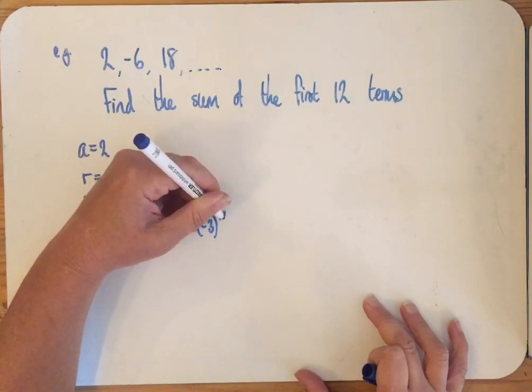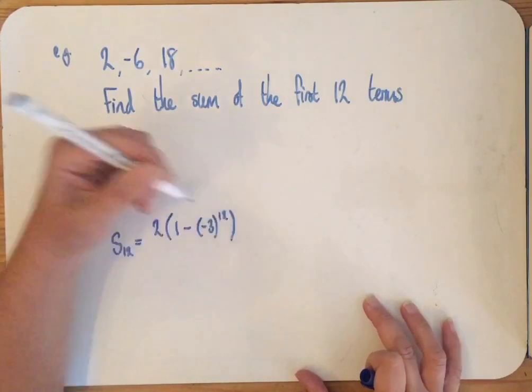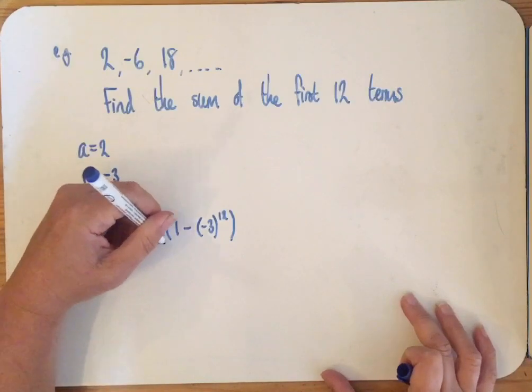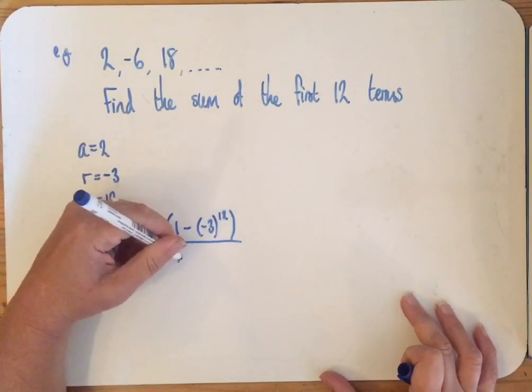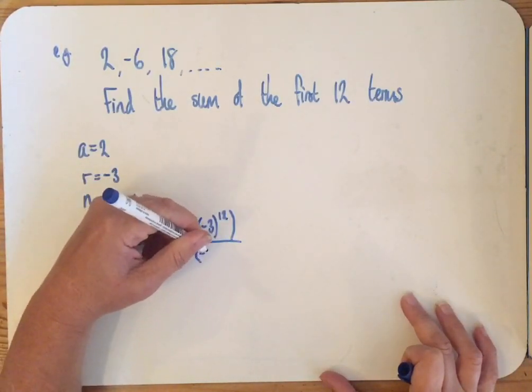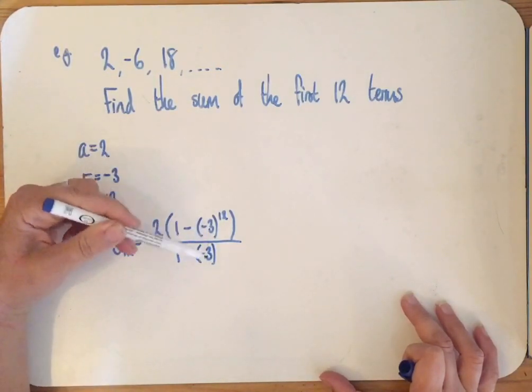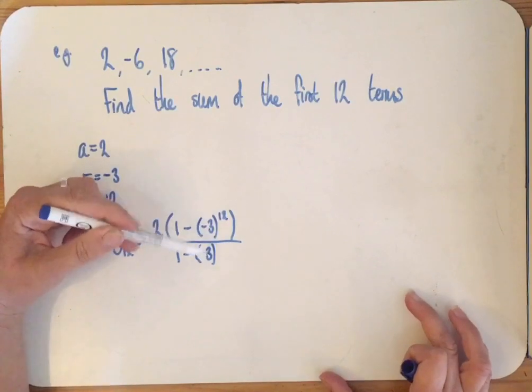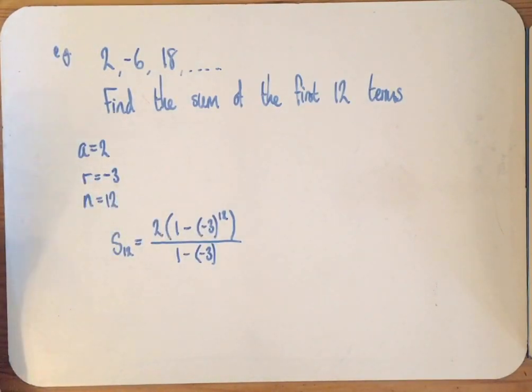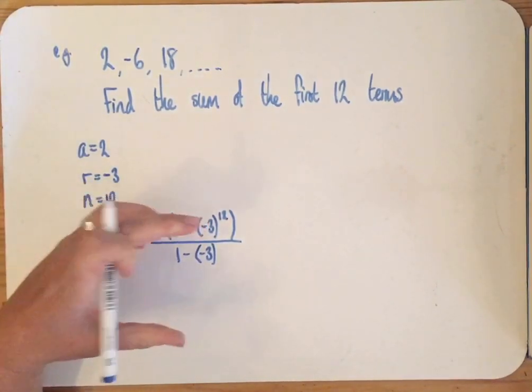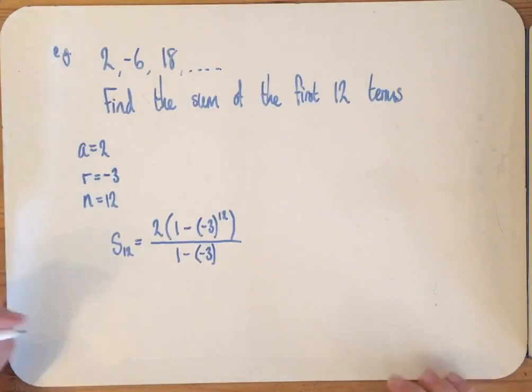Just make sure you bracket that negative so you don't get a sign error. And then 1 minus 3. And if r is fractional, obviously you can put a bracketed fraction into your calculator top and bottom as well. And I would actually just carefully put that into a calculator at that point.